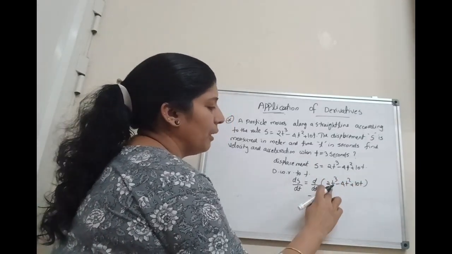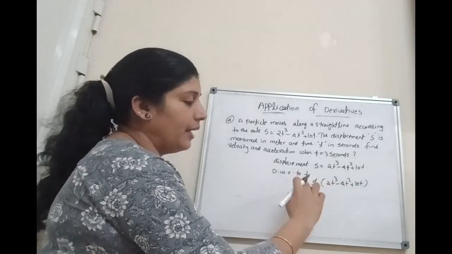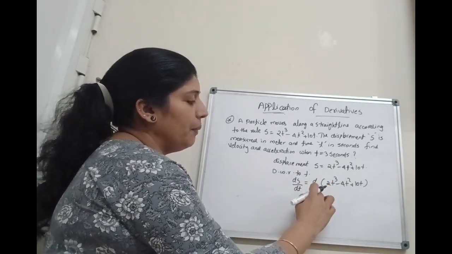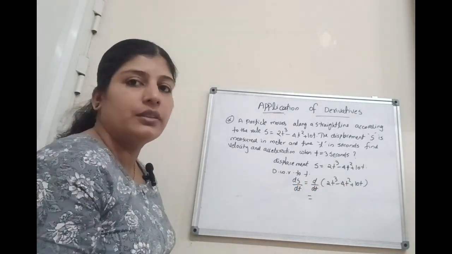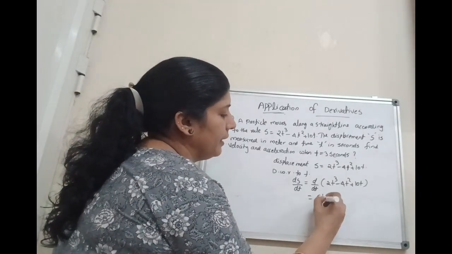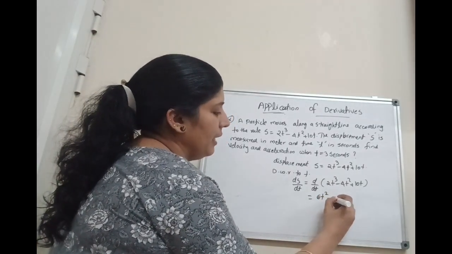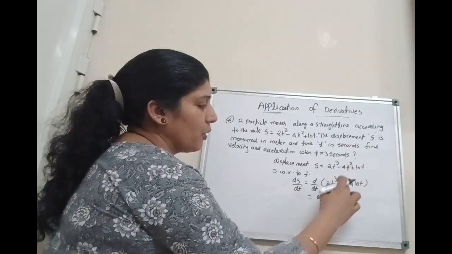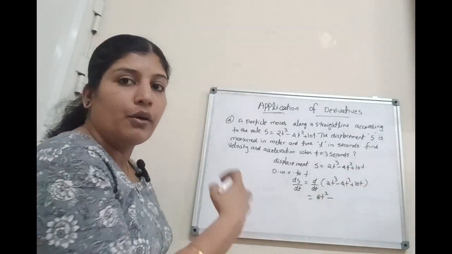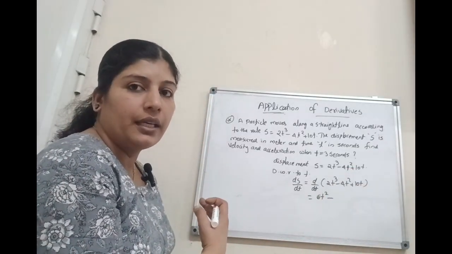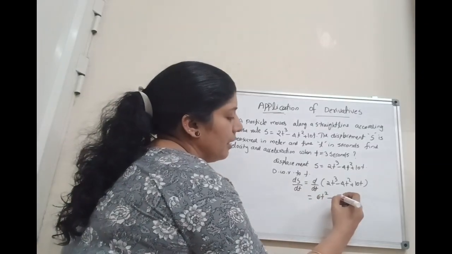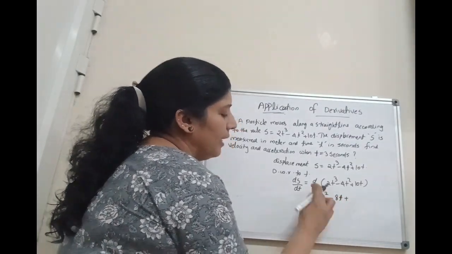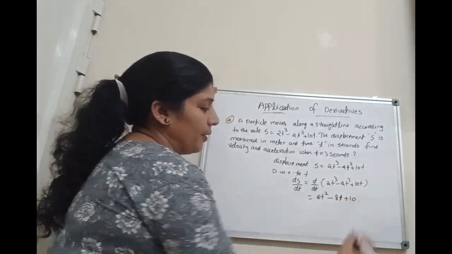Here 2 is constant, so take it outside: 2 into d by dt of t cube, that is 2 into 3t square, that is 6t square. Then minus d by dt of 4t square, 4 is constant, so take it outside: 4 into d by dt of t square, that is 4 into 2t, that is 8t. Plus d by dt of 10t is 10.